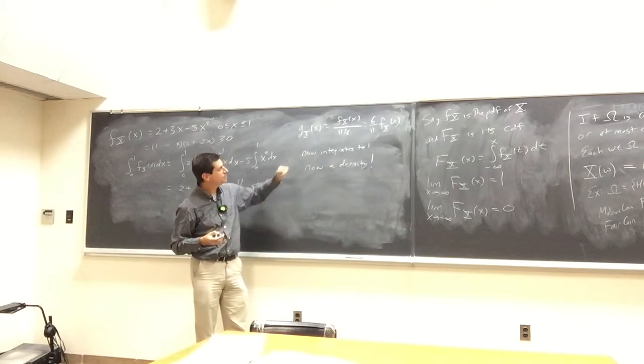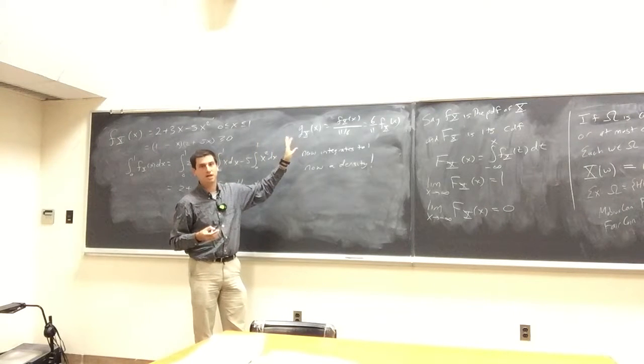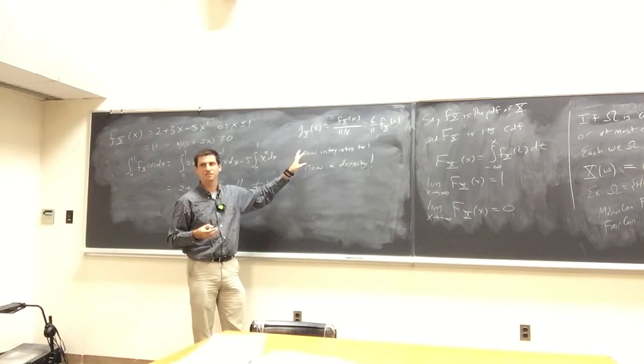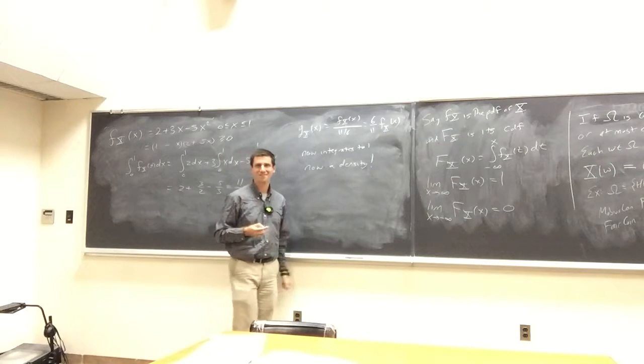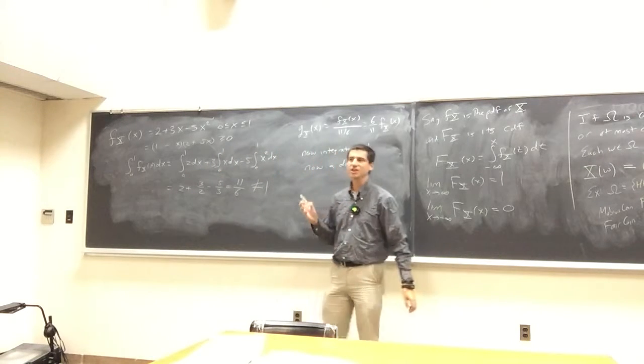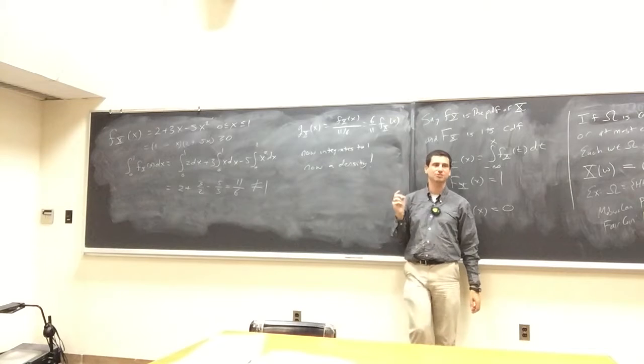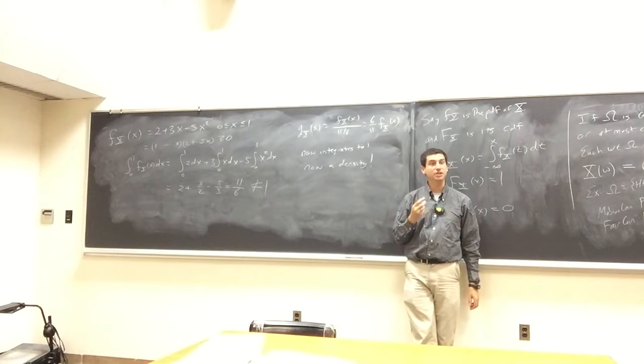So if I have something that's non-negative and it integrates to something other than 1, can I always fix it? Usually. When can I not fix it? If it integrates to 0, I'm dead. Okay, what else?